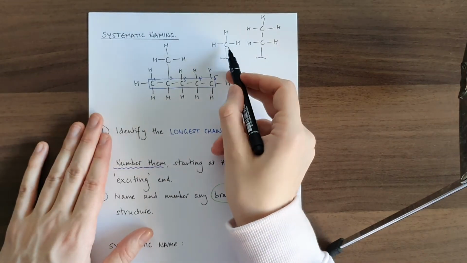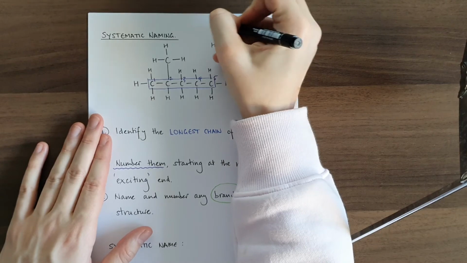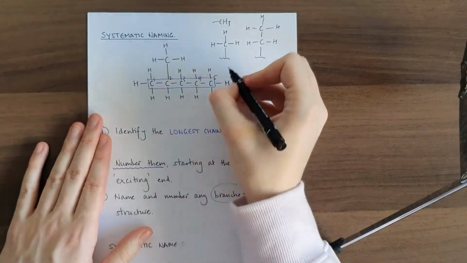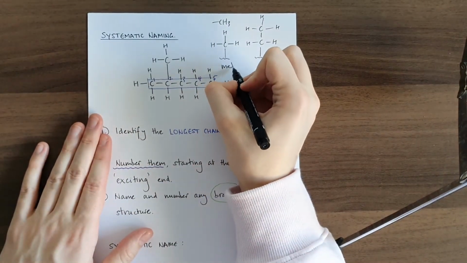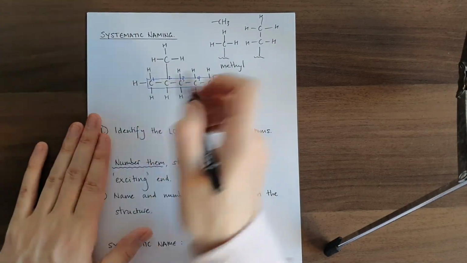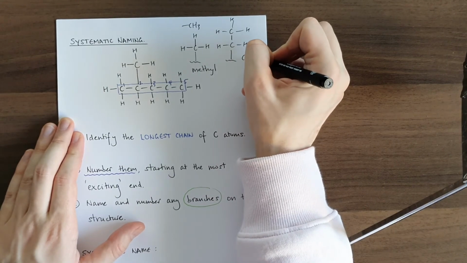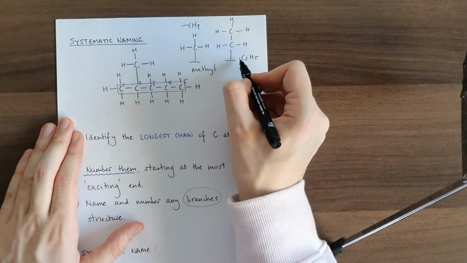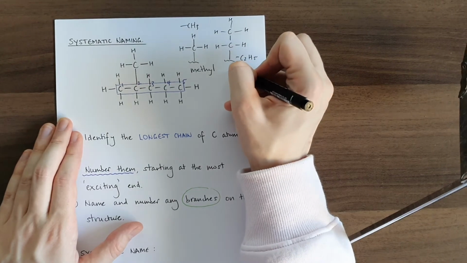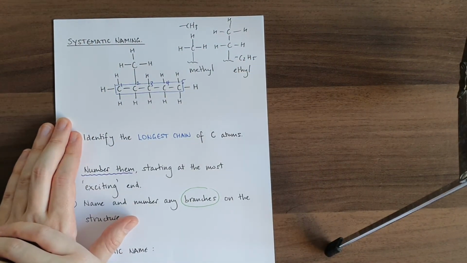If we see a branch that looks like this, it has a C with 3 hydrogens on it, we call that a methyl group. And if we have a branch with 2 carbons and 5 hydrogens coming off of it, we call that an ethyl group.